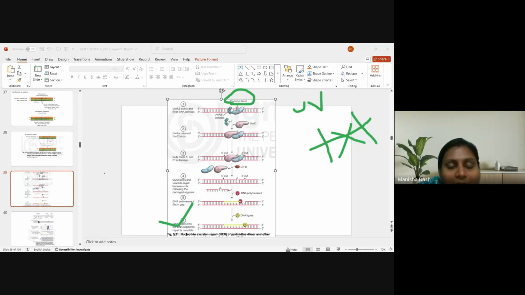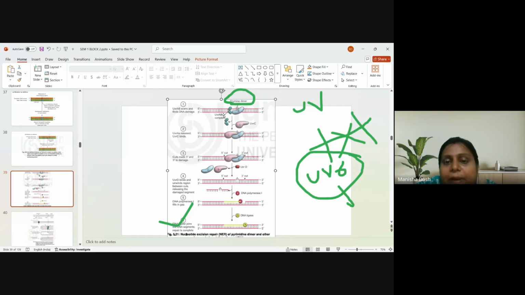So there is a set of enzymatic complexes called UVR, UV response or repair genes, you can call. There are a lot of enzymes which together constitute the UVR family. They are all involved in nucleotide excision repair. First, the dimer or the mutant region is identified by the UVRAB complex.